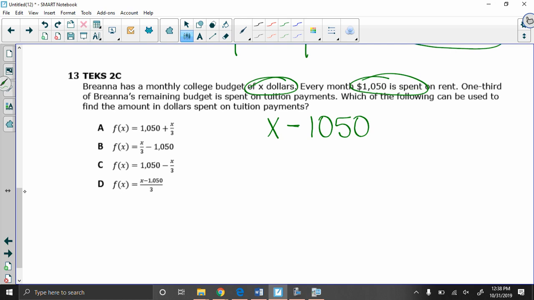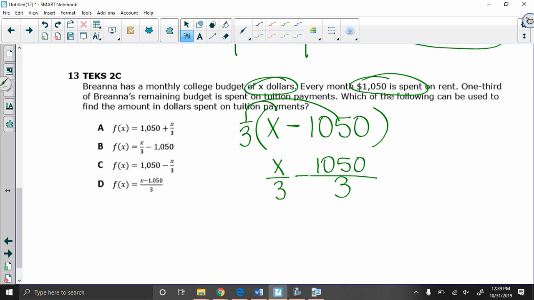Now, 1/3 of Brianna's remaining budget is spent on tuition. So if 1/3 is spent on tuition, I'm going to multiply it by 1/3. Then we are just going to distribute, and I get x over 3 minus 1050 over 3.